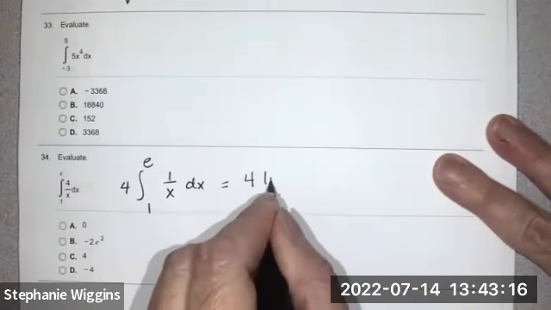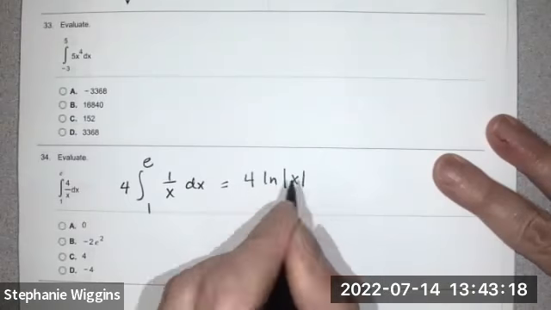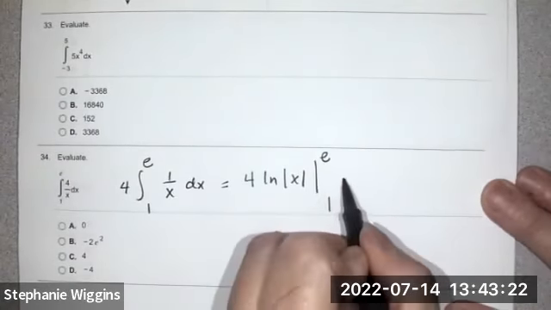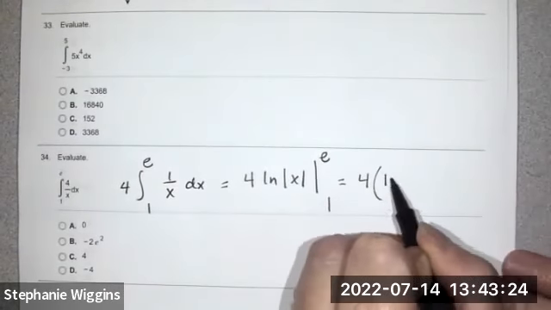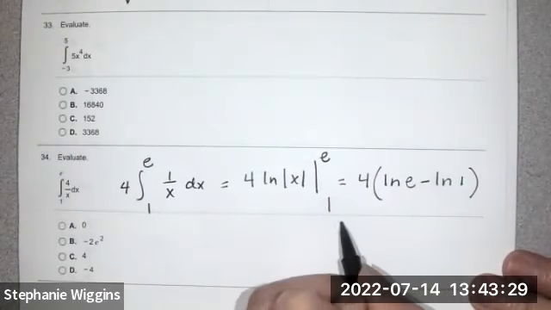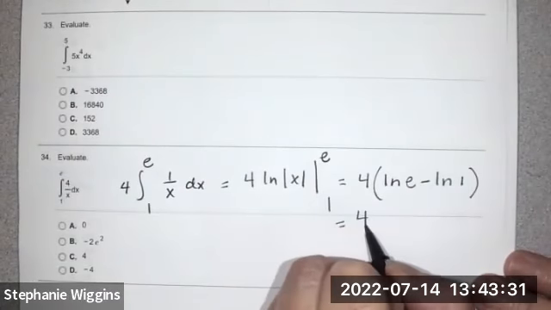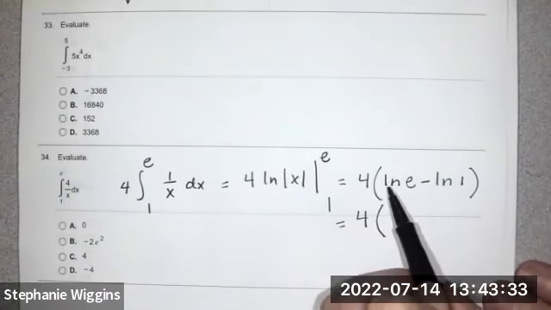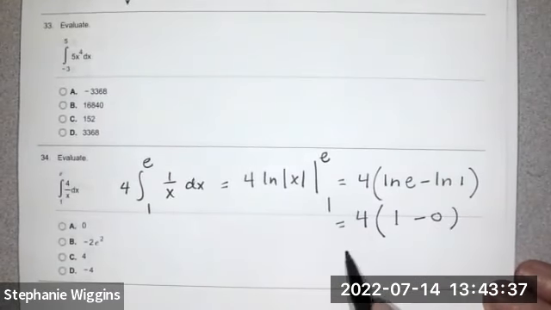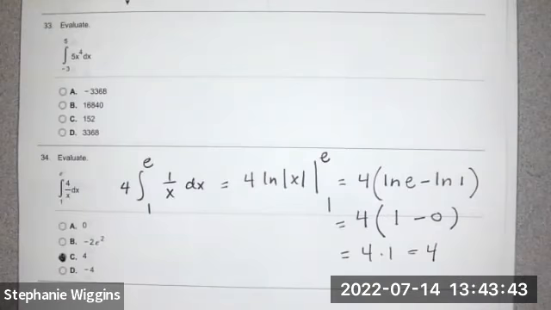So it's 4 times the natural log of the absolute value of x evaluated from 1 to e. That's going to be 4 times the natural log of e minus the natural log of 1. The natural log of e is 1, and the natural log of 1 is 0. So your answer is 4 times 1, or 4. C is your correct choice for that one.